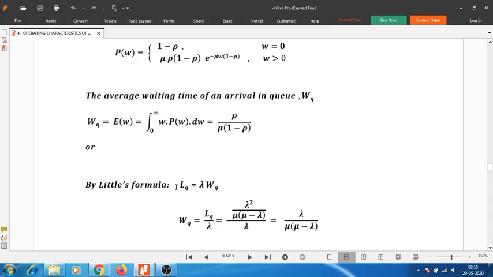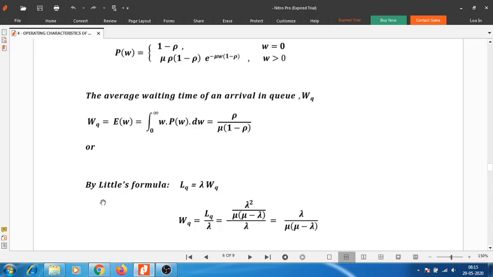What is LQ here? The expected number of customers in the queue. What is WQ here? The waiting time of the customers in the queue.